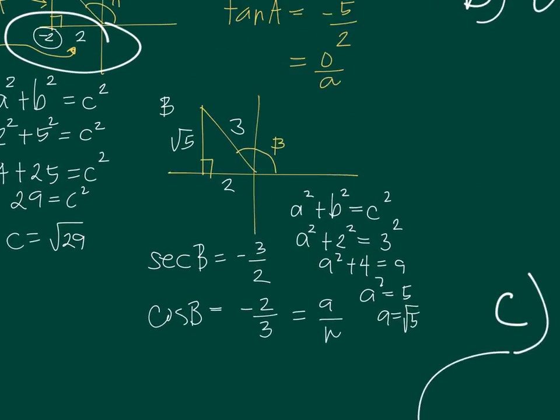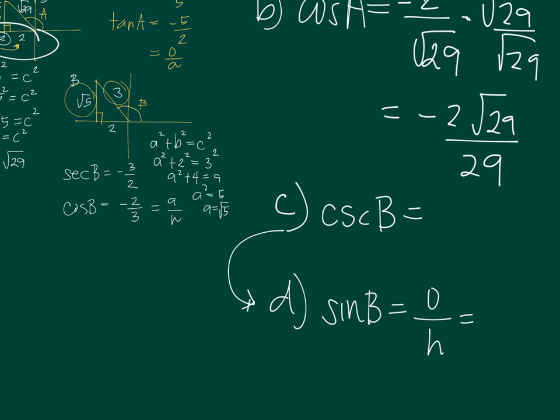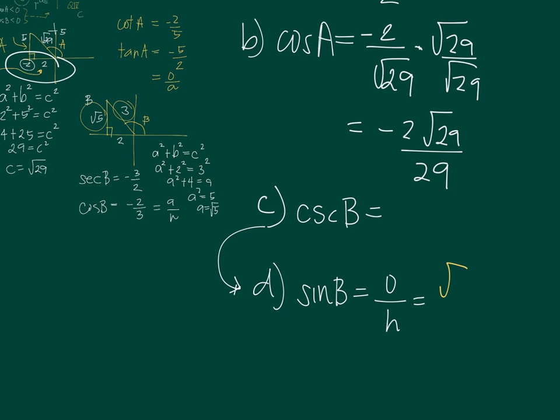So we consider the triangle for B, the opposite being square root of 5. The hypotenuse is 3. So we have sine B as square root of 5 over 3. Then the cosecant B is 3 over the square root of 5.